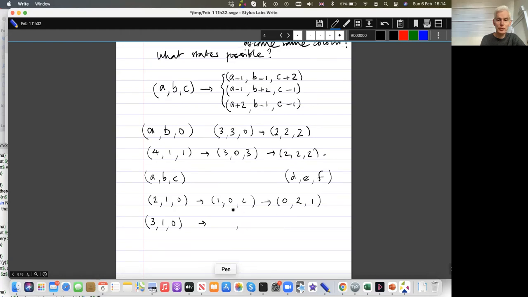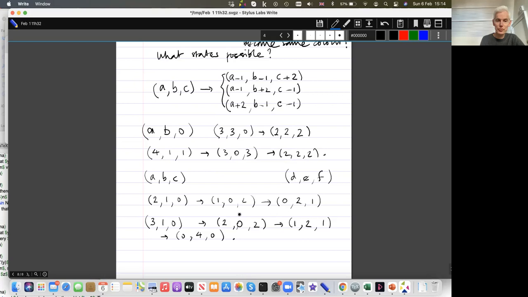So 3, 1, 0 goes to 2, 0, 2, goes to 1, 2, 1, and there we are, goes to 0, 4, 0. That's not quite the same as 4, 0, 0, but it's equivalent to it. But actually, I haven't proved that I could get to 4, 0, 0, so that might be worth having a quick look at.